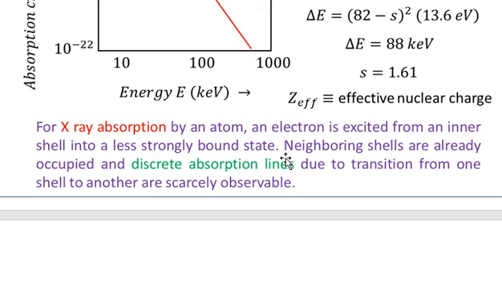So if an electron is excited from an inner shell into a less strongly bound state, not ionizing but exciting, the neighboring shells are already occupied, and discrete absorption lines due to transition from one shell to another shell are scarcely observable.